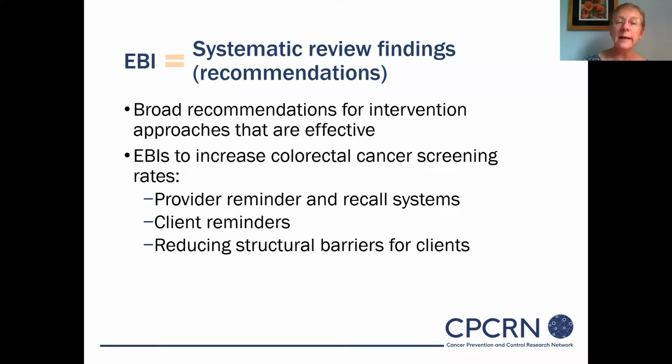And so some examples of systematic review recommendations for colorectal cancer screening include provider reminder and recall systems, client reminders, reducing structural barriers for clients. You can see that they're broad recommendations, not specific interventions.